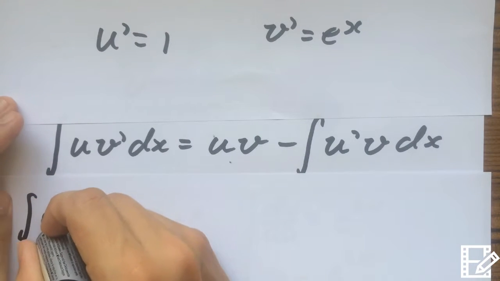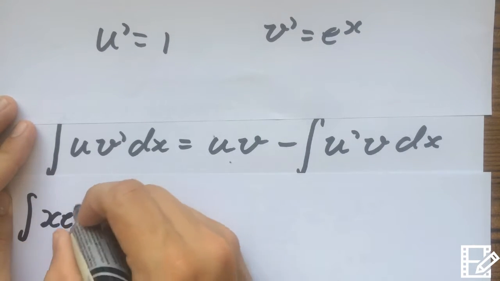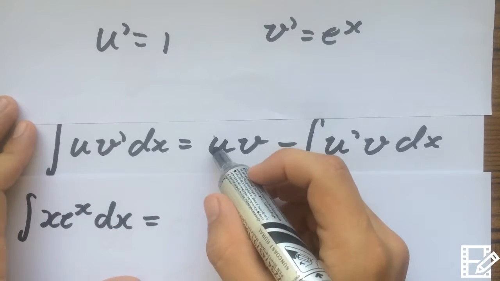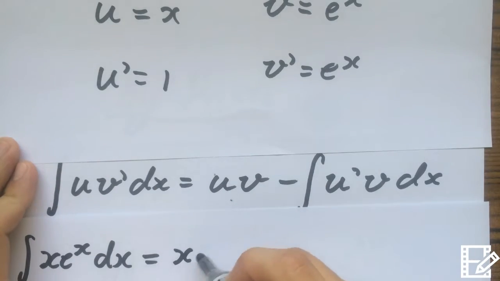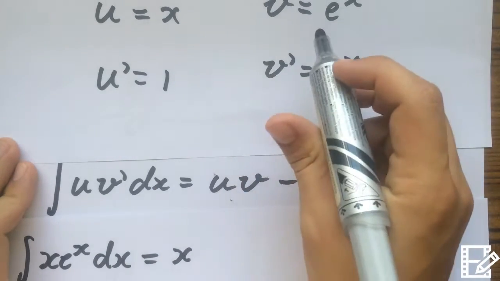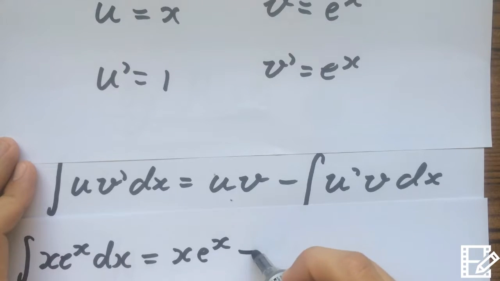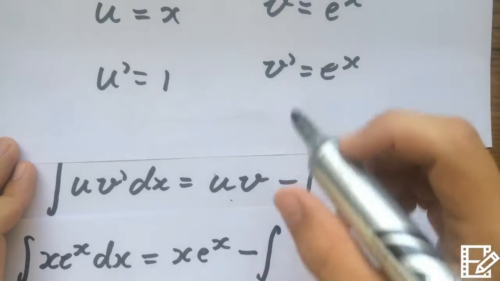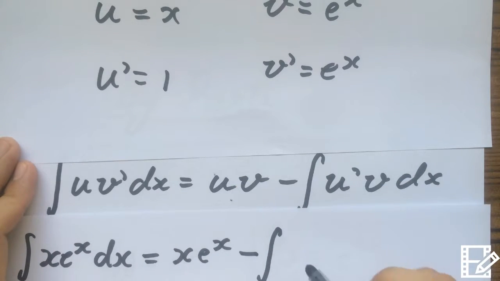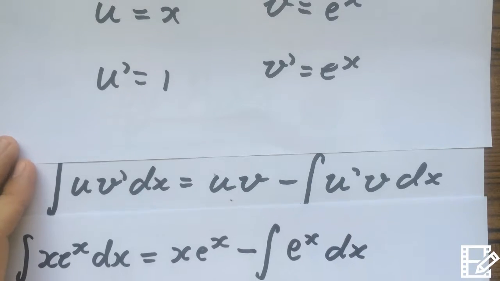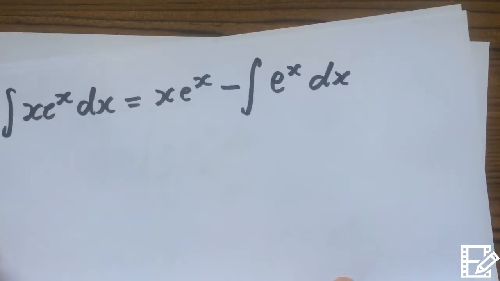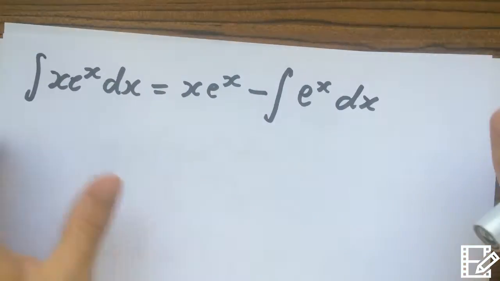So we have our integral of x e to the power of x dx, and that equals u, which we've said is x, times v, which we said is e to the x, subtract the integral of u dash, which is 1, times v, which is e to the x. 1 multiplied by e to the x is e to the x dx. Now we have our variables and we have our equation. We can answer the question.